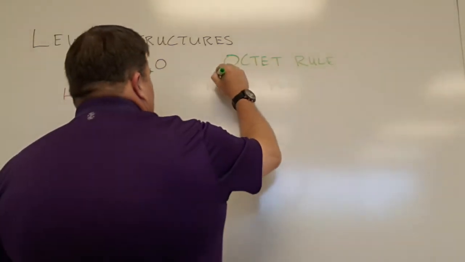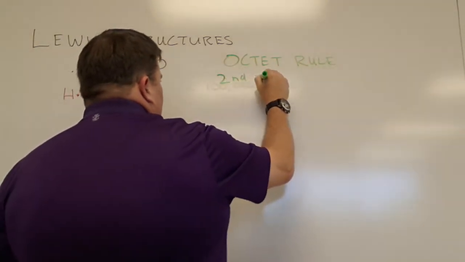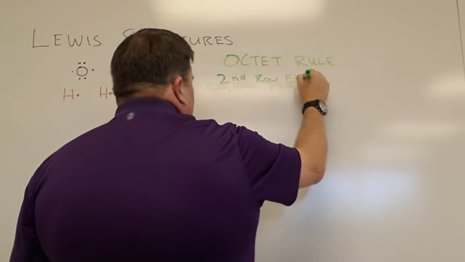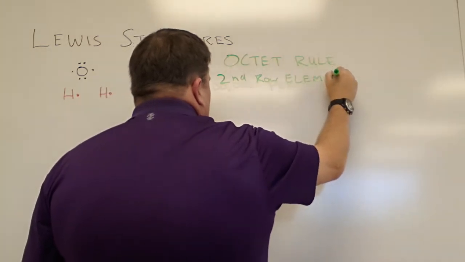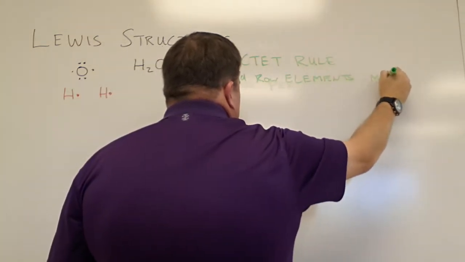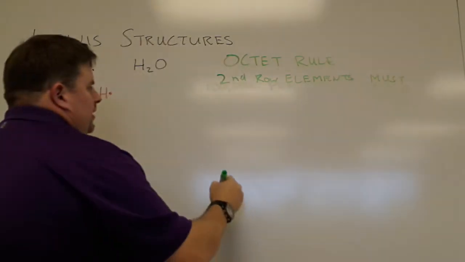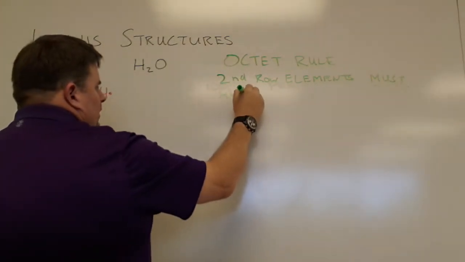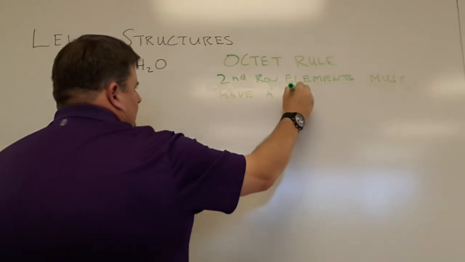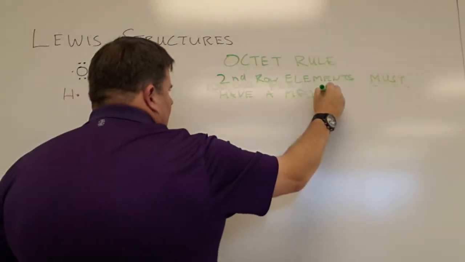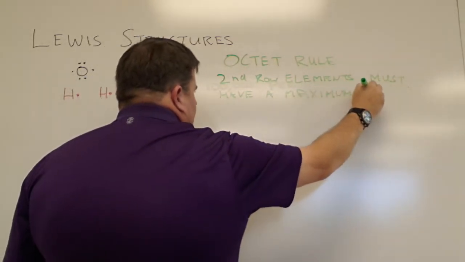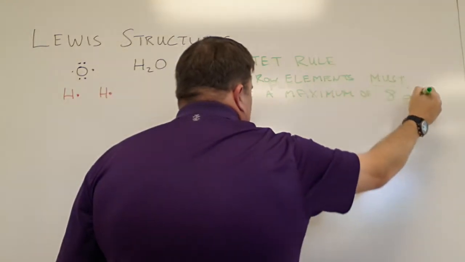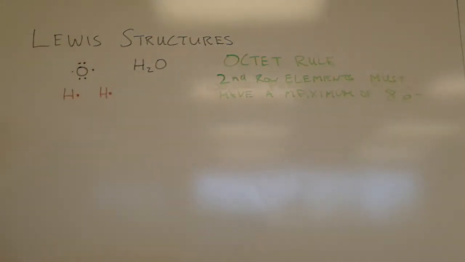So second row elements must have a maximum of 8 electrons. So that's a must.